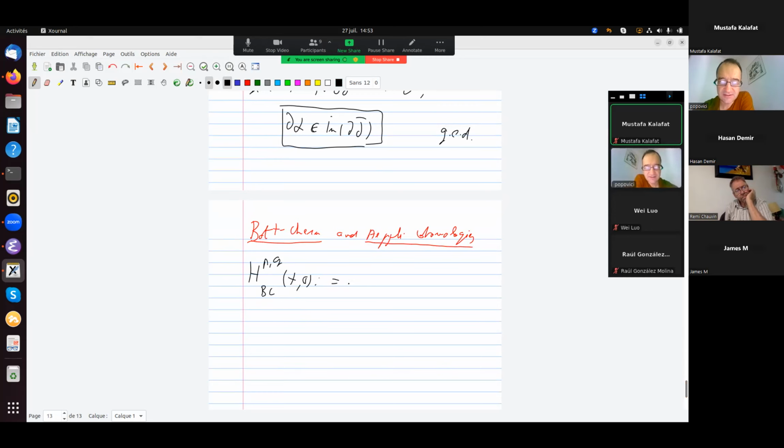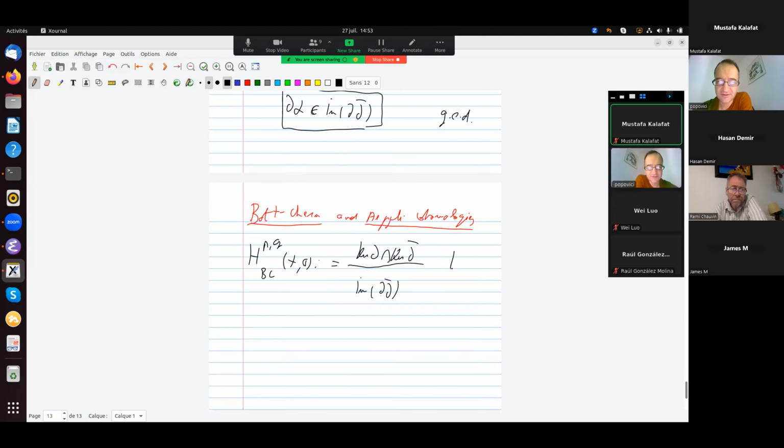By definition, it is the kernel of ∂ intersect kernel of ∂̄, quotiented out by the image of ∂∂̄. So this is the finest cohomology, because we require the representatives to be both ∂ and ∂̄ closed. So this is the strongest notion of closedness that I have. And we also quotient out by things that are in the image of ∂∂̄. This is the strongest notion of exactness that we have.